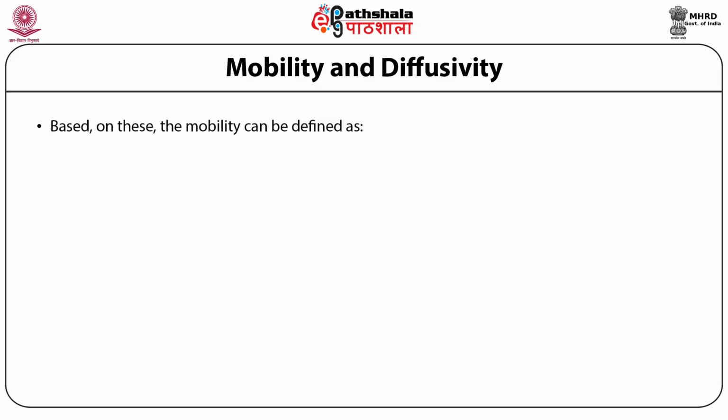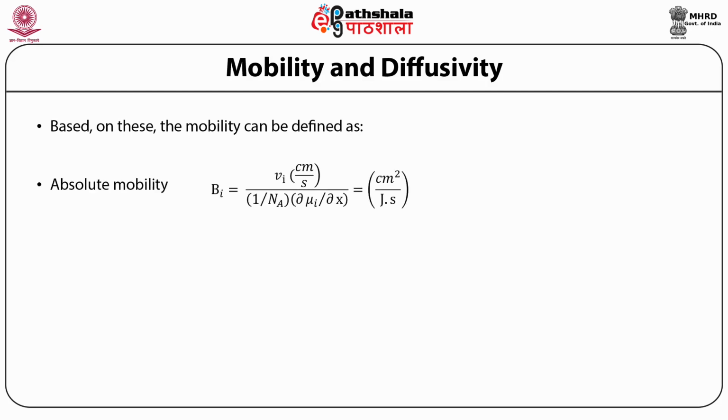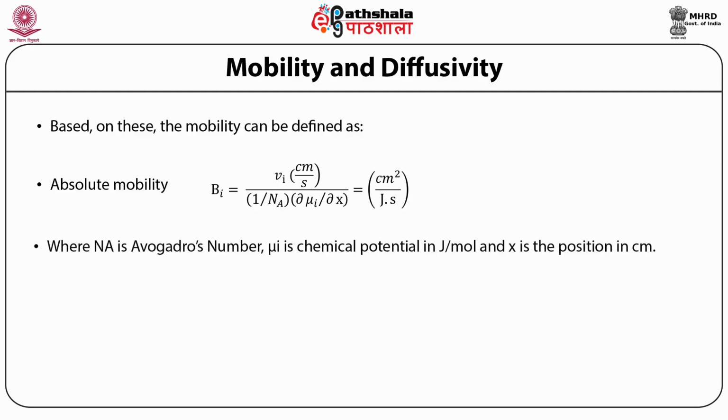Based on these, the mobility can be defined as the absolute mobility, that is B_i is equal to V in cm per s divided by 1 by Na into del U by del X, which comes out to be cm square by Joule second as the unit, where Na is the Avogadro's number, U is the chemical potential in joules per mole, and X is the position in centimeter.